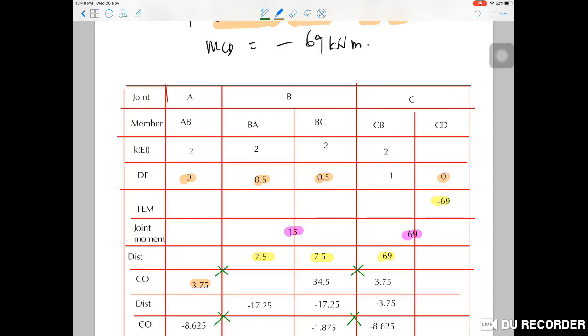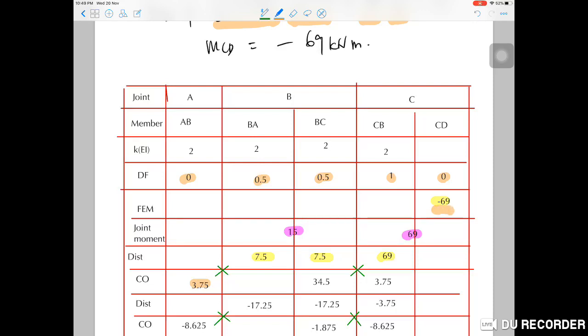As I said previously in class, the total DF at a joint must equal 1. So C is actually a pin or roller support, so the total must be 1. It is 1 plus 0 equals 1. So the first member end moment is 69 here.